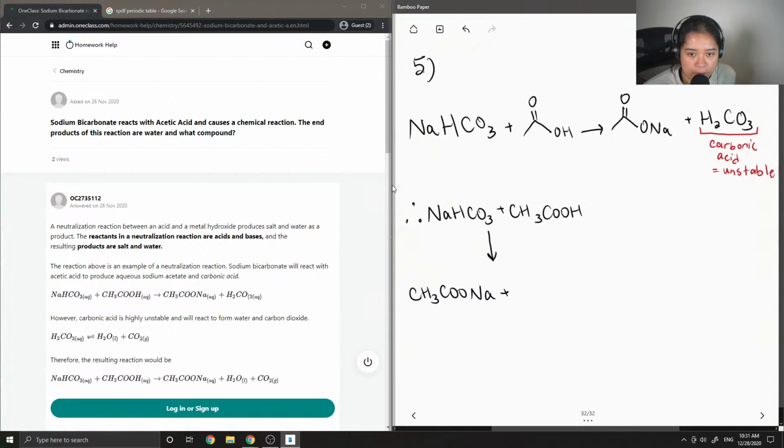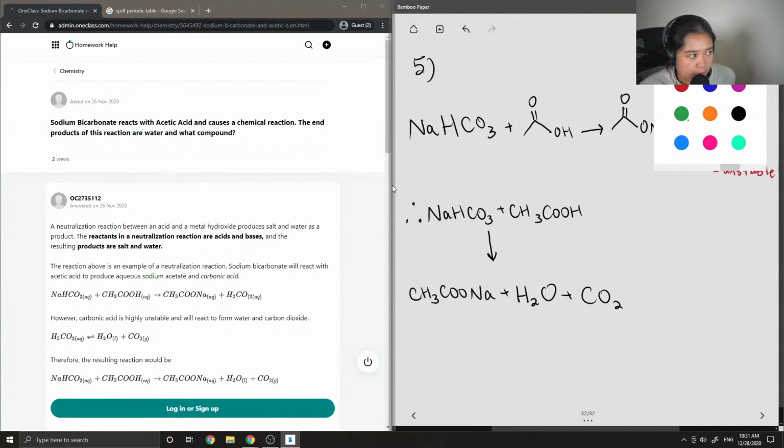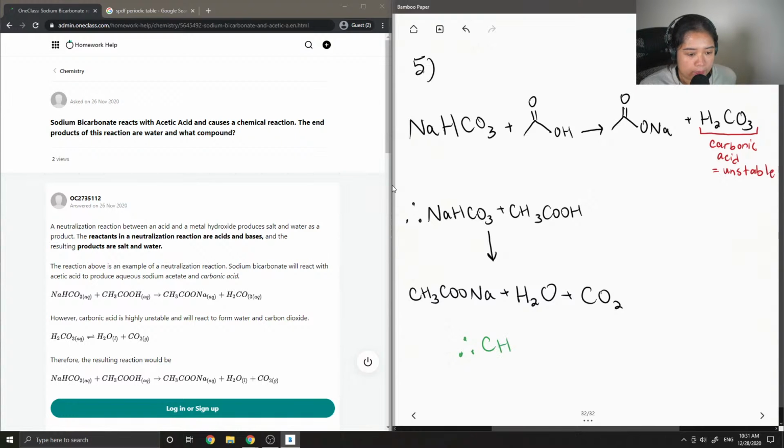So again, the carbonic acid will break down further into water plus carbon dioxide. So therefore, the end products of the reaction that isn't water is the sodium acetate and carbon dioxide.